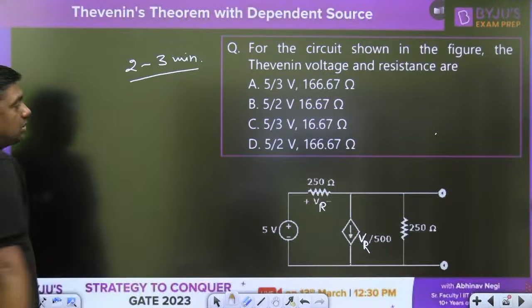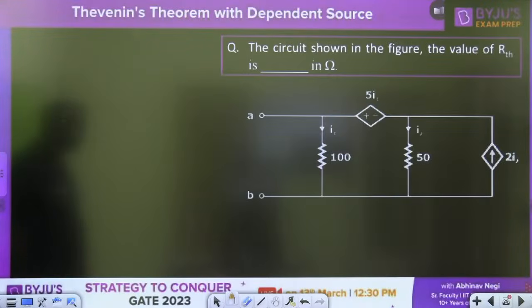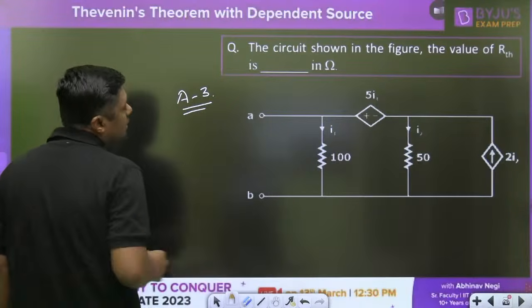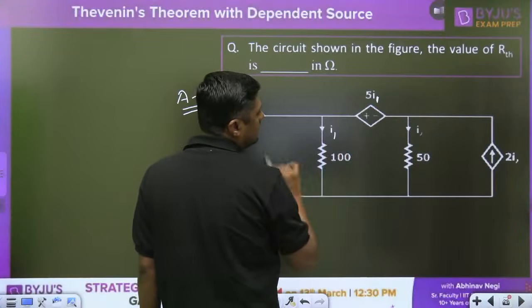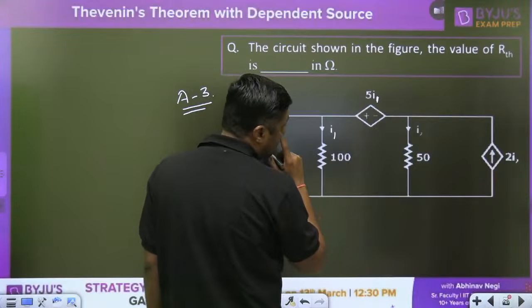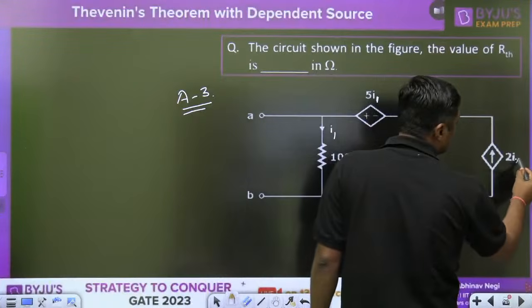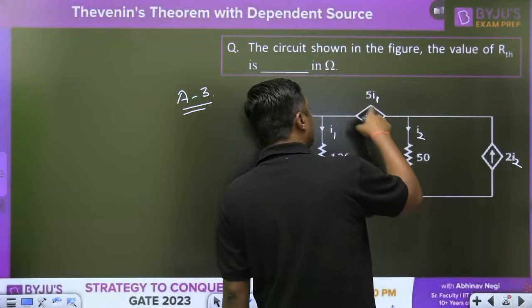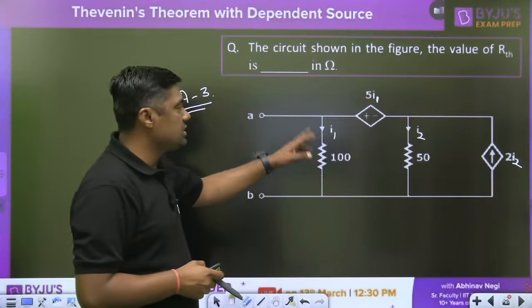Now this is the last question, assignment number 3. This is the 5I1, this is the I1, and this is the I2.